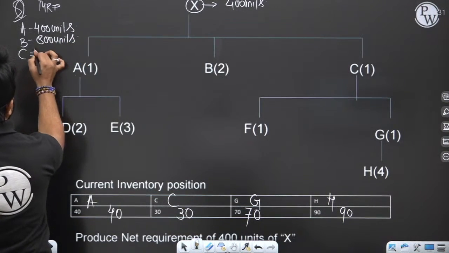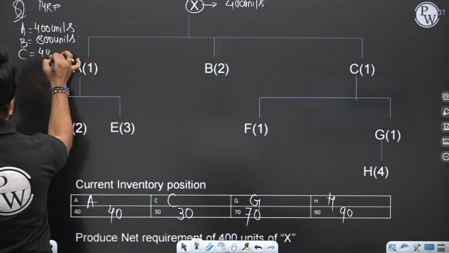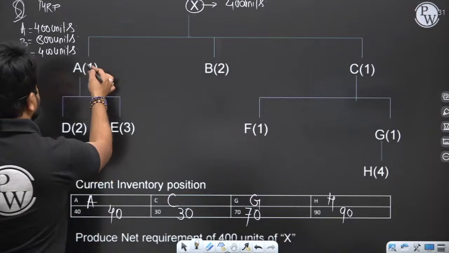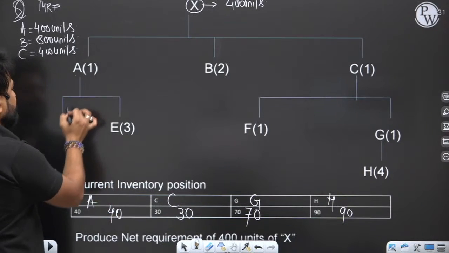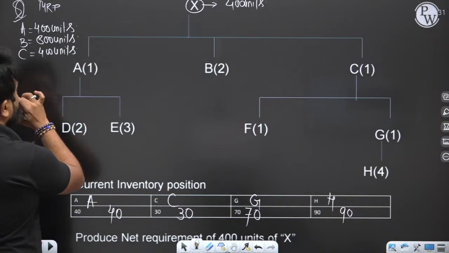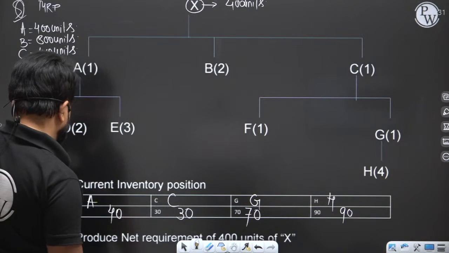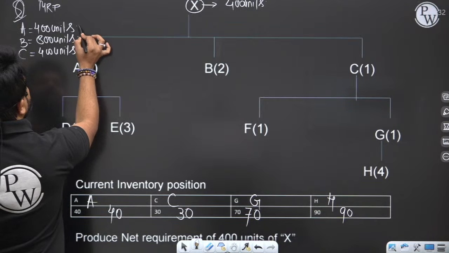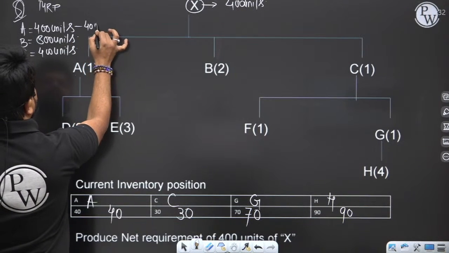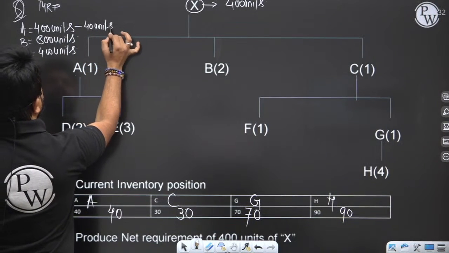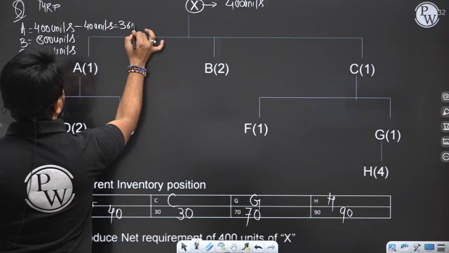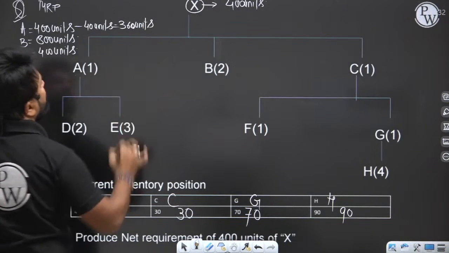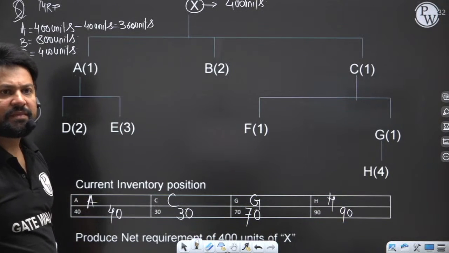C is 400 units. For 1 A we need 2 units of D, and 3 units of E. Now in the inventory 40 of A is already there, so minus 40. So 360 units of A is required.